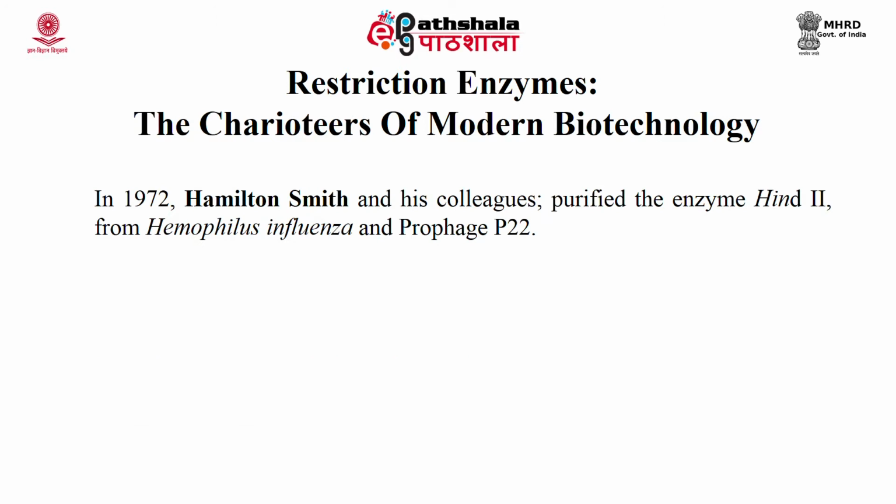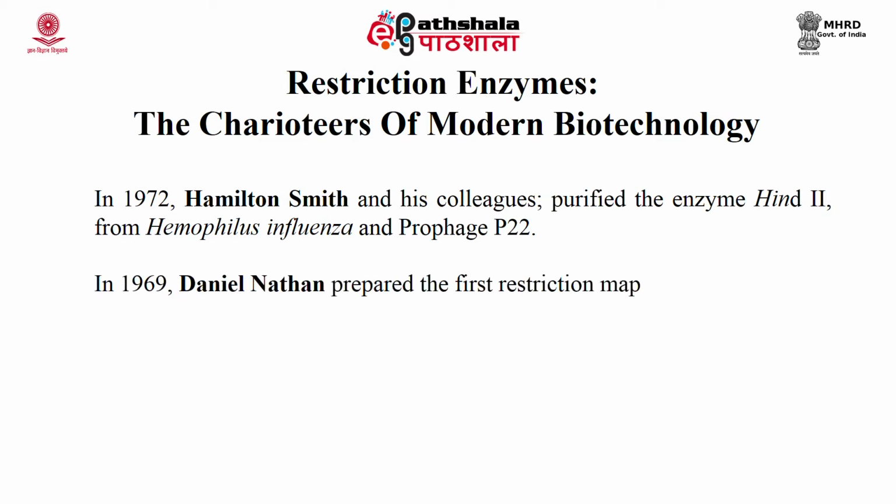In 1973, Hamilton Smith and his colleague successfully purified the enzyme HindII while working with Haemophilus influenzae and phage P22. In 1969, Daniel Nathans prepared the first restriction map by digesting viral DNA SV40 with different restriction enzymes and analyzed the fragments obtained.